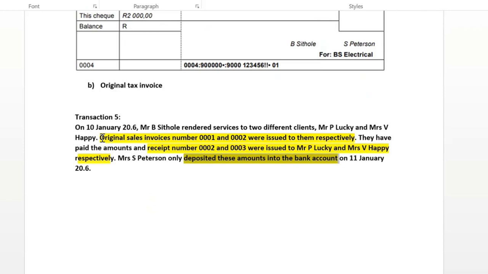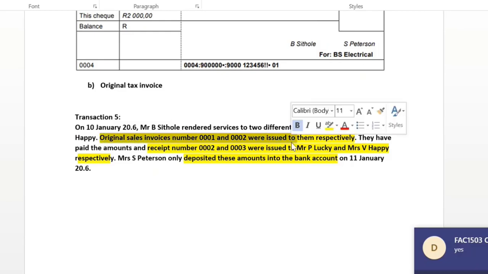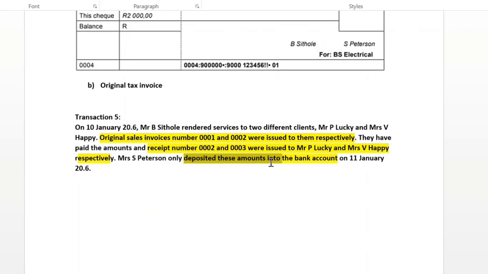Can you see that the transaction is giving you the answer? If original sales invoices are issued, duplicate sales invoices are left with BS Electrical. If original receipts are given, duplicate receipts are left with BS Electrical.